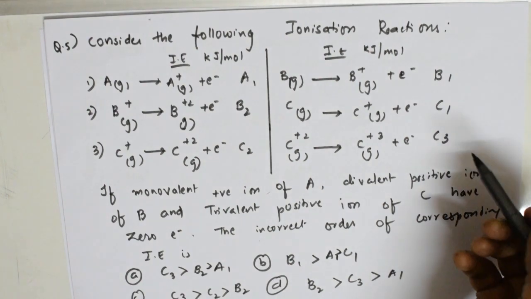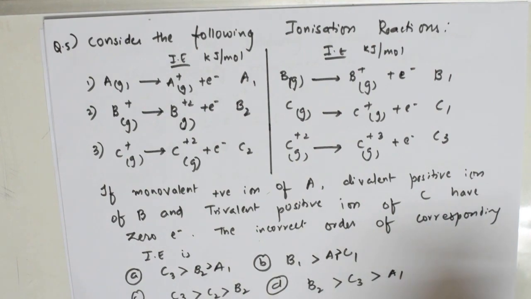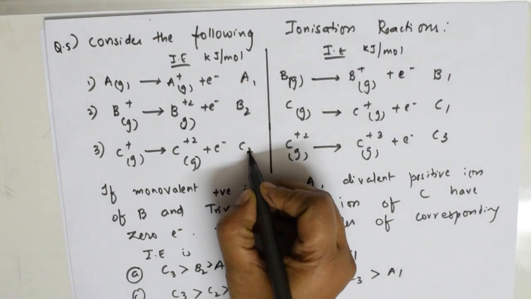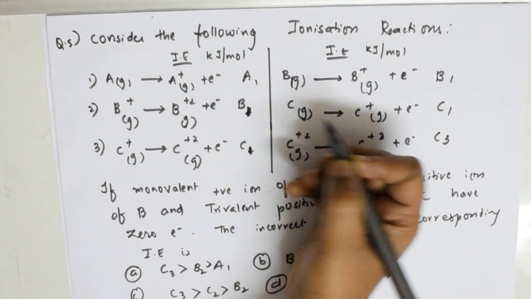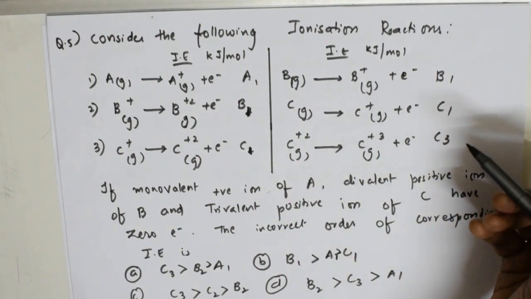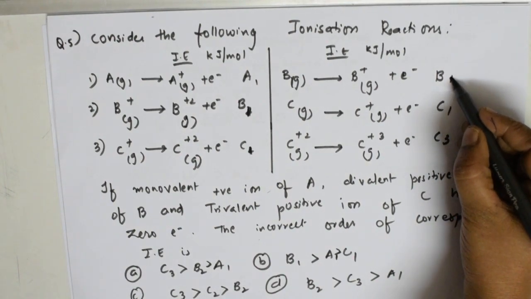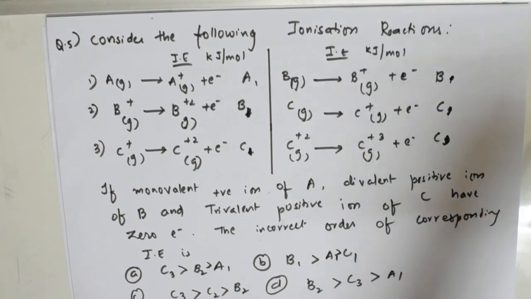Here they have given B1, C1 and C3. Okay, sorry, this is A1, this is B1. Okay, this is A1, B1, C1. Let us not take the numbers, let us see this now.